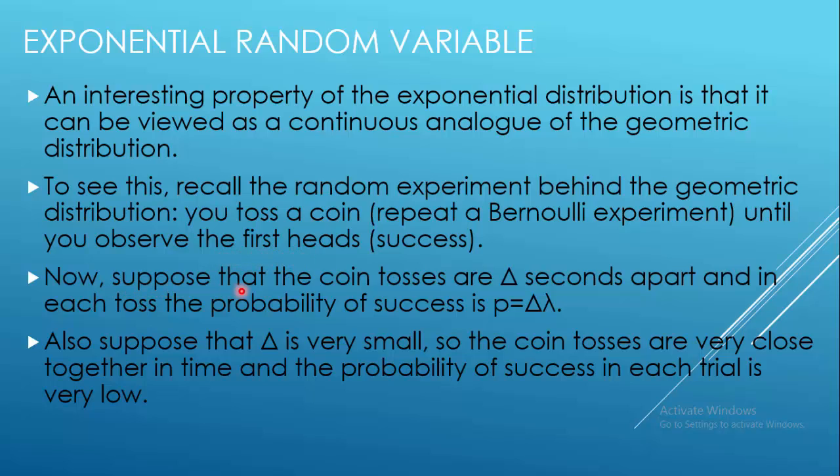Now suppose that the coin tosses are delta seconds apart, and in each toss the probability of success is p equal to delta multiplied by lambda. Also suppose that delta is very small, so the coin tosses are very close together in time and the probability of success in each trial is very low.